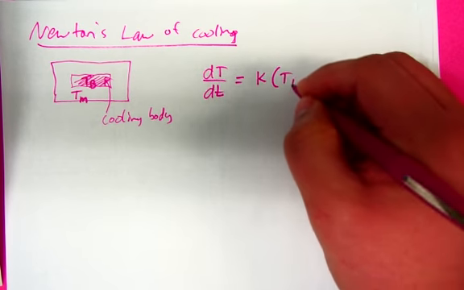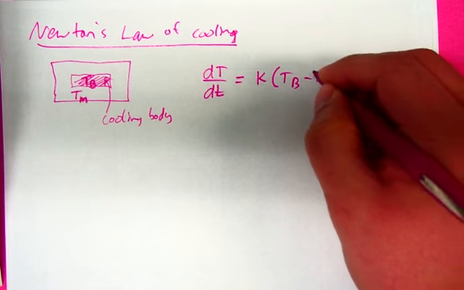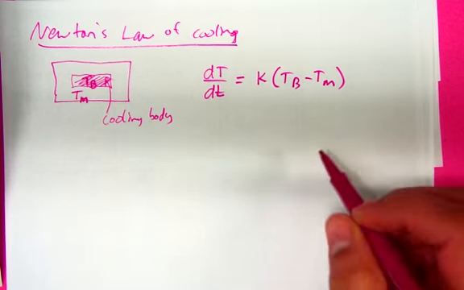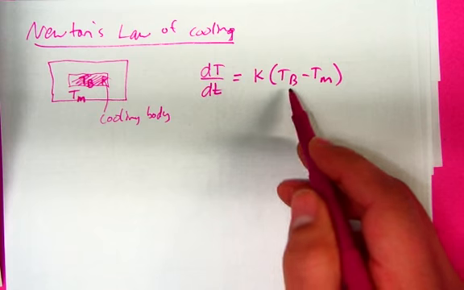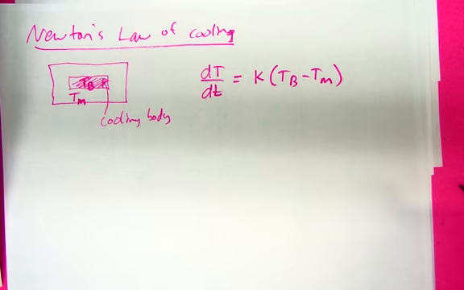So that's what Newton's law said. So if it's proportional to the difference in temperature, put a constant in there times the difference, and then we should be good.